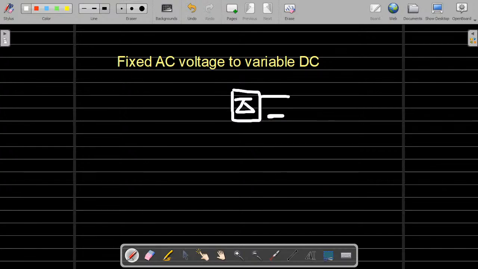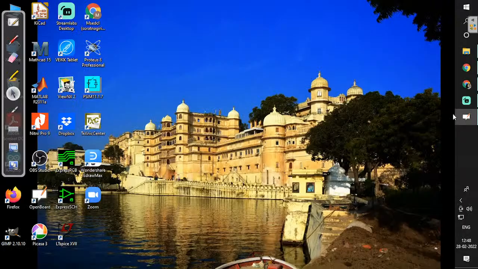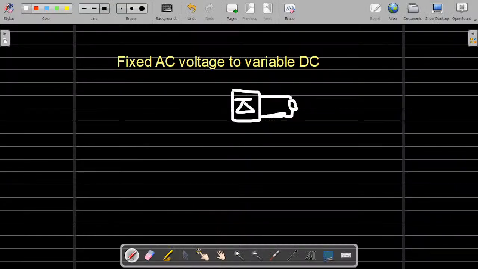Then there is a load here and there is an AC supply.